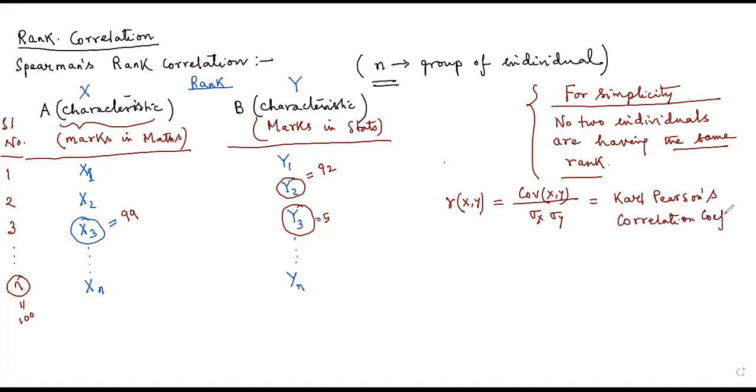So this is the base formula on which the entire subject of correlation and regression depends. Now, for the Spearman's rank correlation formula that I'm going to deduce, I'm going to take the help of this Karl Pearsonian correlation coefficient to find an expression for the Spearman's rank correlation coefficient.